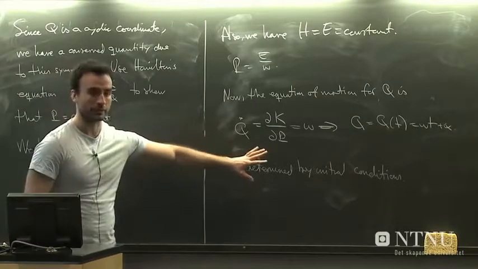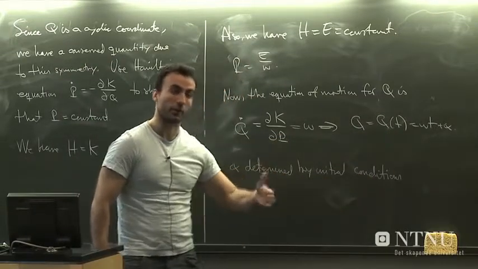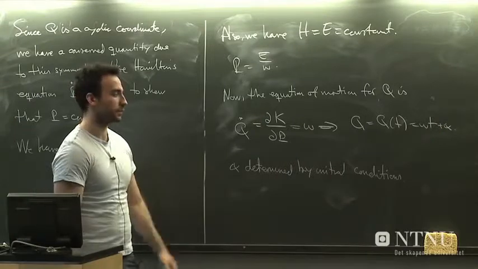So the solution of our system is that P is a constant and Q is a linear function of time with a possible offset from the origin in terms of alpha.